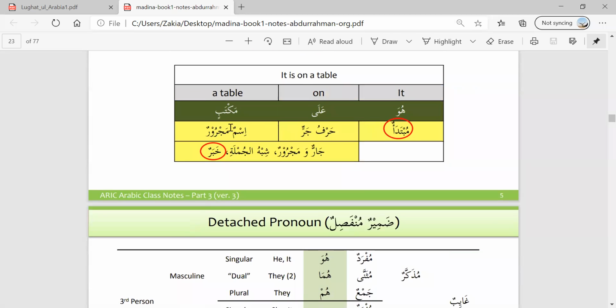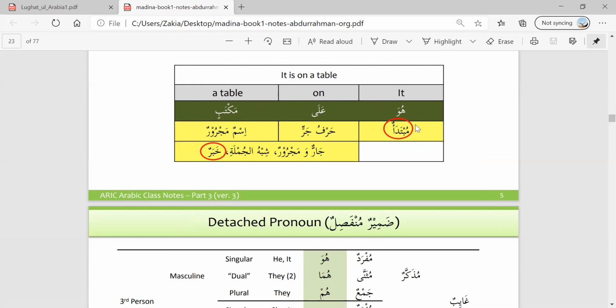Otherwise, those of you who just want to learn it as a language and speak it, you really need to know just how to end your sentence correctly. You may not need to identify the technical terms. So you wouldn't really need to know mubtada, khabar, jarrun wa majrurun. You'd only need to know this part. So when does it take an end vowel of a kasra or a dhamma? So huwa, it can be he and it.